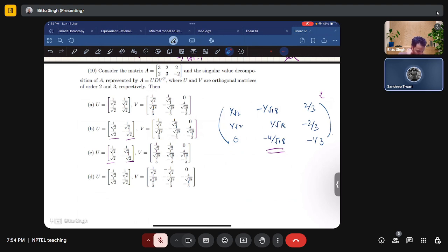So take 1 by root 18, minus 1 by root 18, 4 by root 18.